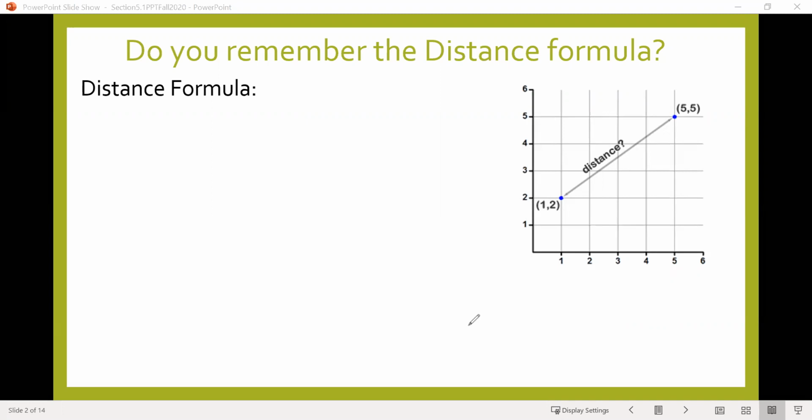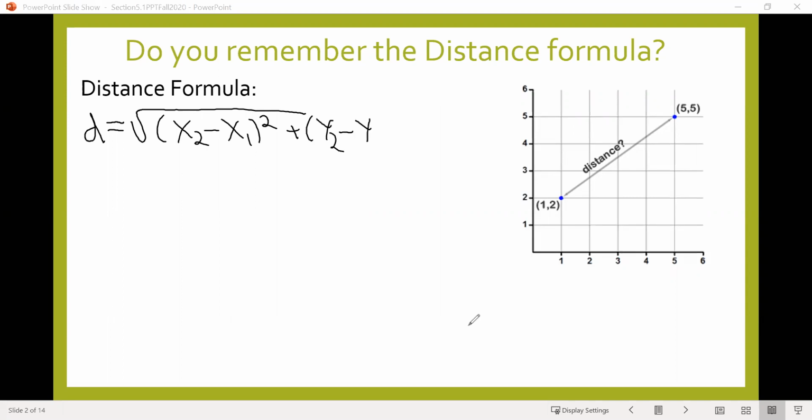Most people know it in the form d equals the square root of (x2 minus x1) squared plus (y2 minus y1) squared, all under the root.